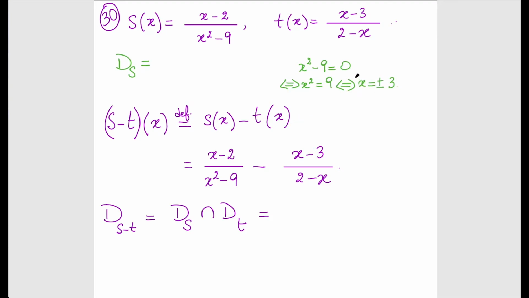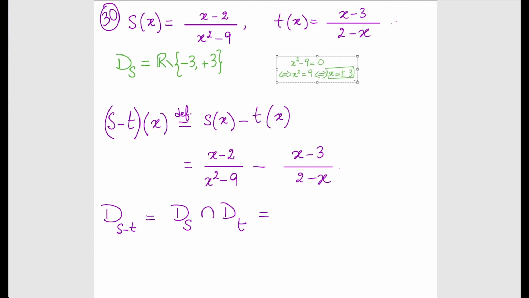So these are the two values that make this expression 0, and I need to throw them away. So the domain becomes all real numbers except those two, minus 3 and plus 3. I used set theoretic minus.